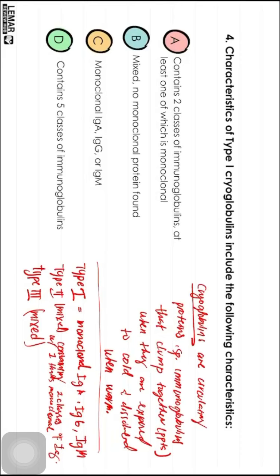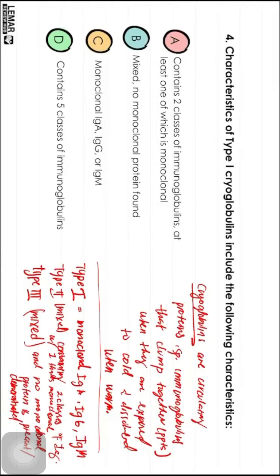Type 2 is a mixed type of cryoprecipitate which contains two classes of immunoglobulins, at least one of which is monoclonal. Type 3 is mixed, and no monoclonal protein is present or demonstrated.